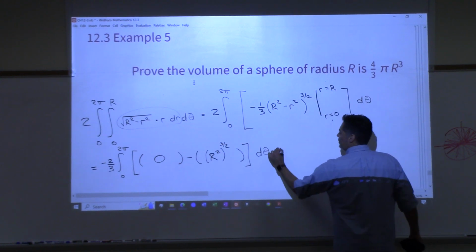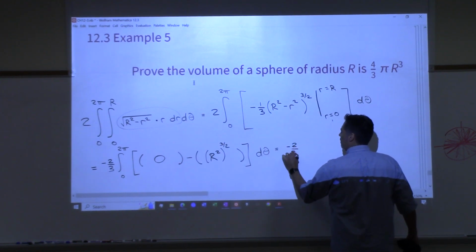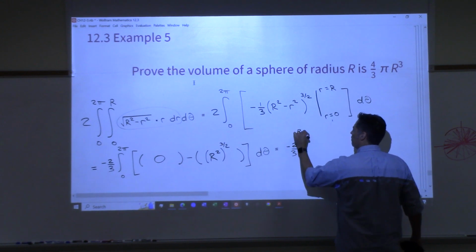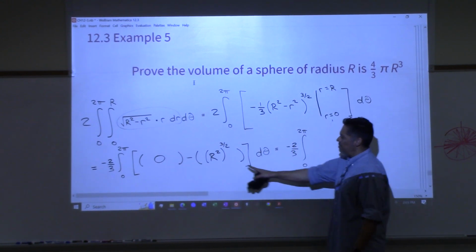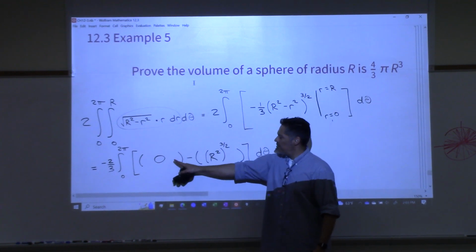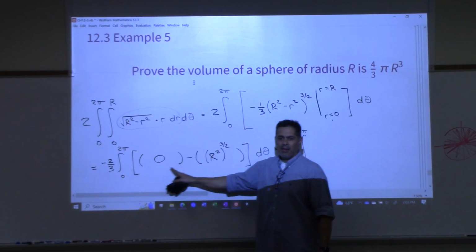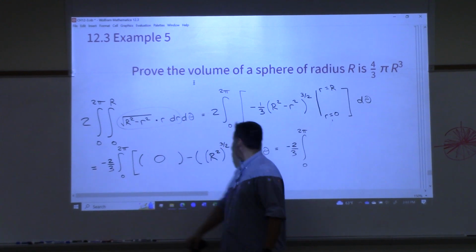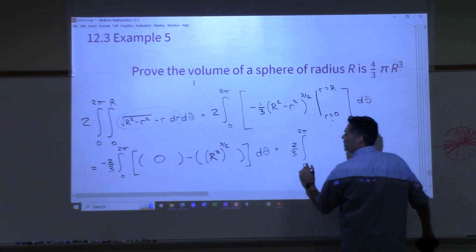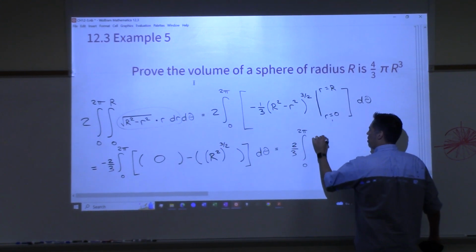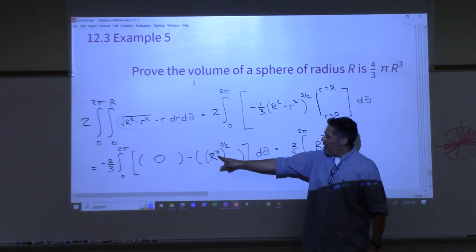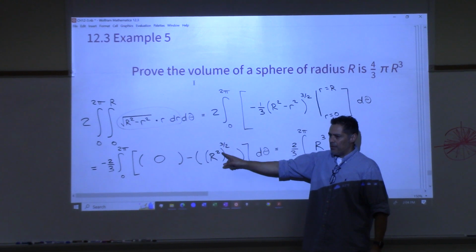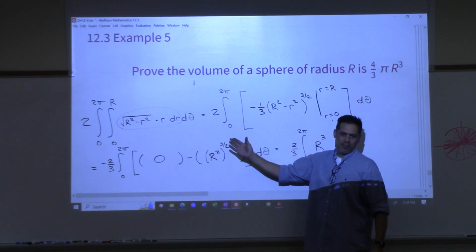Clean this up. Negative 2/3 integral 0 to 2 pi. Wait, that's a minus, isn't it, right here? Because that's 0, then take away this. Can I bring that negative out and just make that a plus? Okay, let's do that. And then this is just R to the 3rd d theta, because you multiply those two together, 2 times 3 halves, the 2's cancel, you just get 3.